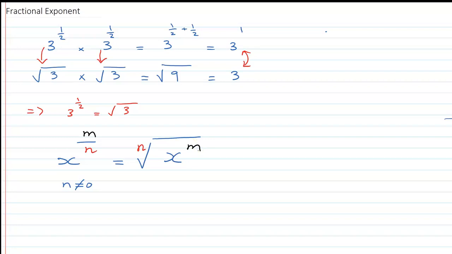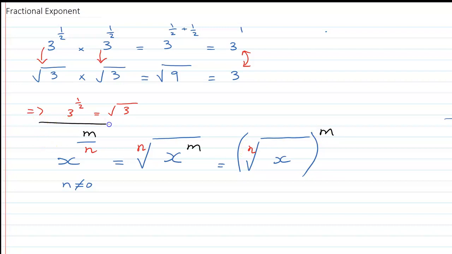Which is equivalent to, another way of writing it is, we'll have the nth root, and in this case, we can put the m outside.